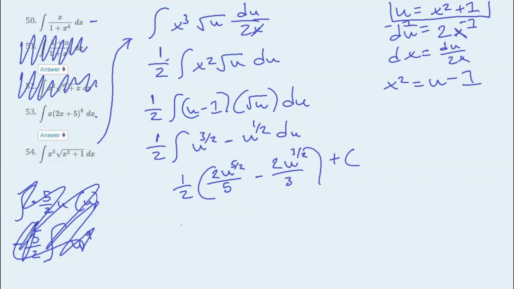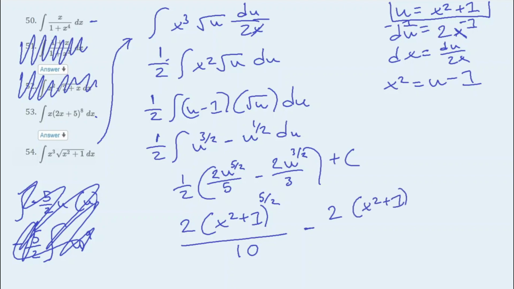So if we do that, we're going to have (x squared plus 1) to the 5/2 power over 10, because I'm also multiplying now with the 1/2. And we're going to have minus (x squared plus 1) to the 3/2 power over 6, and plus c.